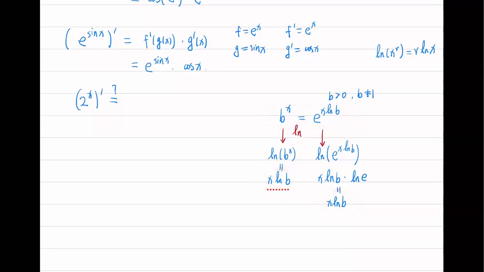Okay, so with this information, for the derivative of 2 to the x, I want you to apply this change of bases. What do you get? Okay, Sophia, what's the new exponent?